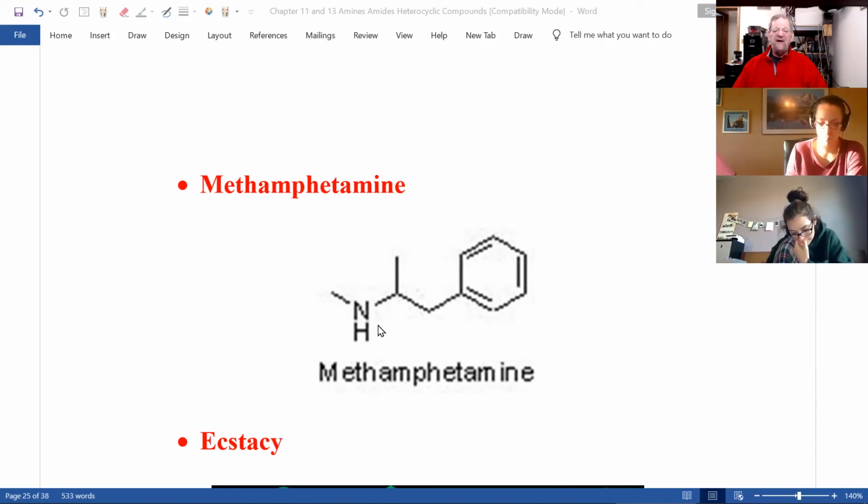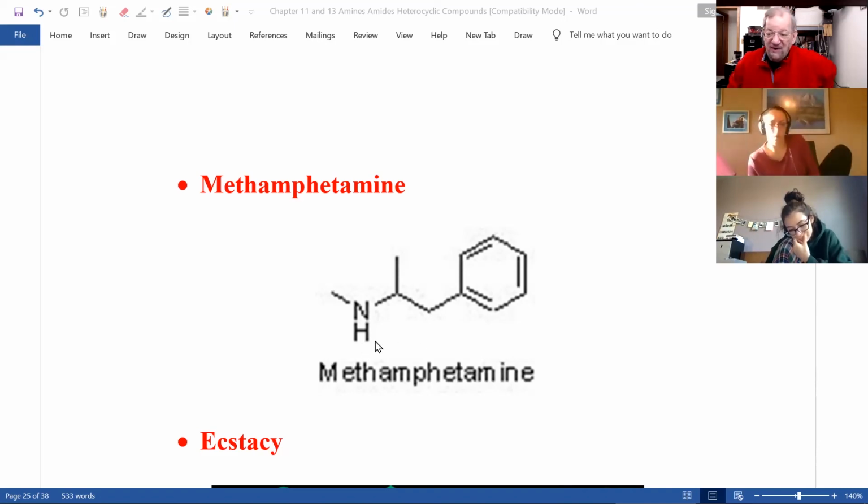And this compound has a common name, methamphetamine. And it's a white solid, you can crystallize it, and we call that crystal meth. Now, if you notice, it's a small little molecule, but it's very dangerous because you can get addicted to it immediately. You don't know about it, but I'll teach you now.